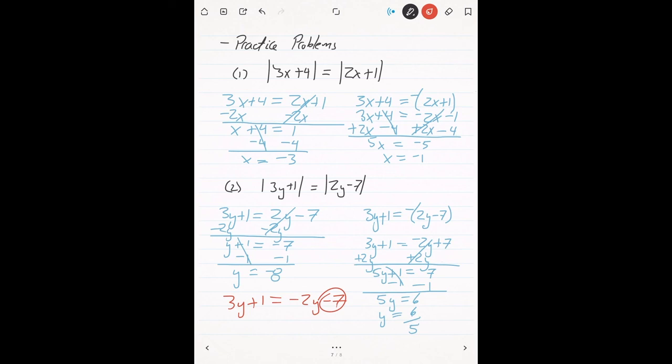That's where people are getting kind of confused about what the absolute value means, okay? This would not work here because this isn't the opposite of this. They're different expressions, okay? The opposite of 2y minus 7 is negative 2y plus 7. That gives you the value that's a different sign from just positive 2y minus 7, okay?